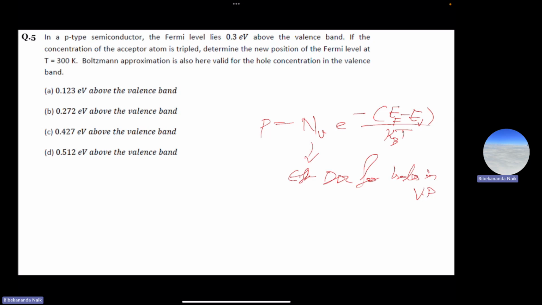Now similarly, for p-type semiconductor, this p can be equated to the concentration of acceptor atoms. So Na equals Nv exponential minus (Ef minus Ev) divided by kBT.